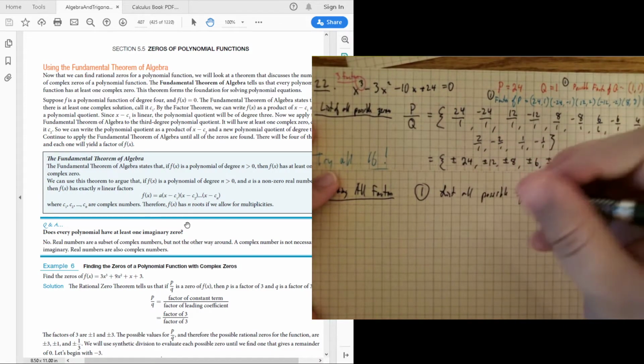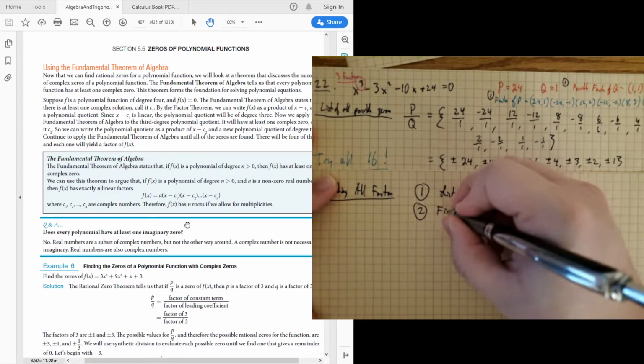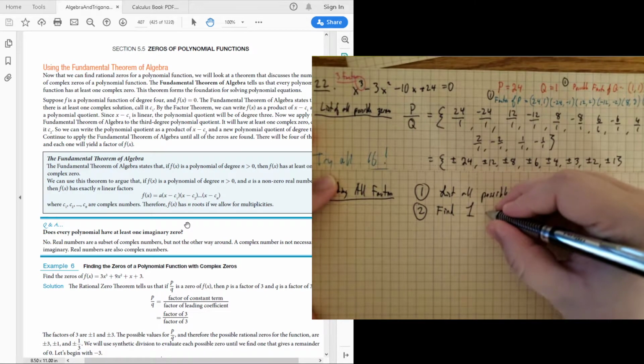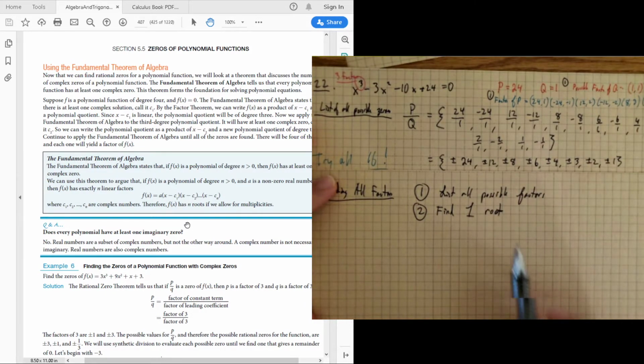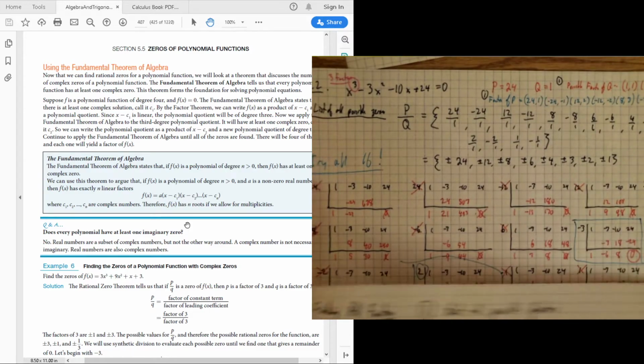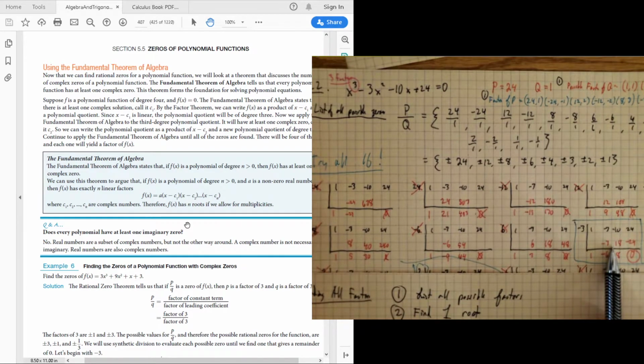Once you've got that list, you need to find one root. You need to do whatever it takes to find one, which means that the first step was not avoidable. Doing these to get to -3 was not avoidable.